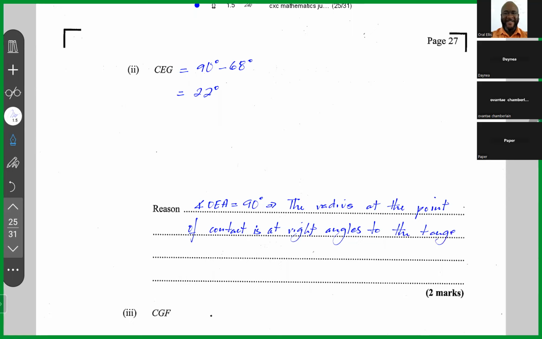All right, so that is a circle theorem, that the radius at the point of contact is at right angles to the tangent.